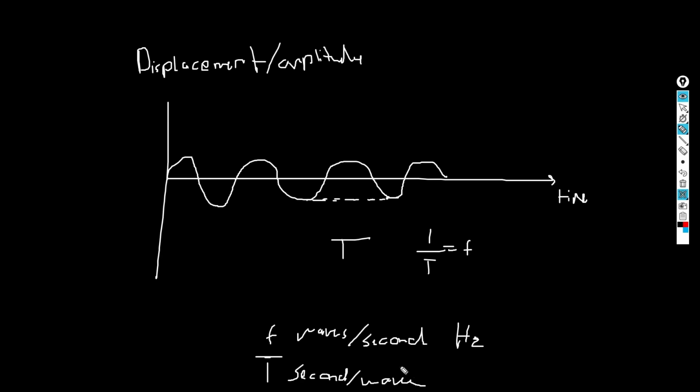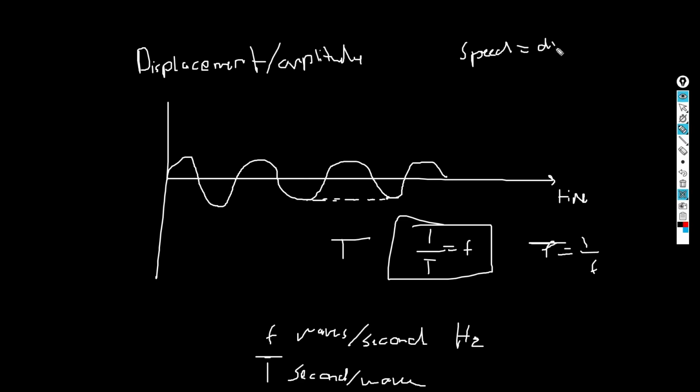Now we need to know the equations for a wave. So we know speed of the wave, that's what we need to know. Also, period is 1 over frequency. It works both ways. Okay, so speed of a wave. We know that speed equals distance over time, right? So here, what's the distance of a wave? What's the velocity of a wave?